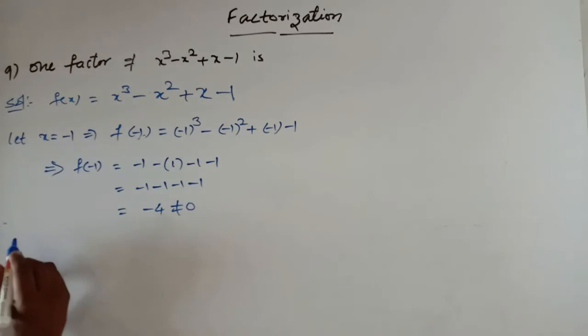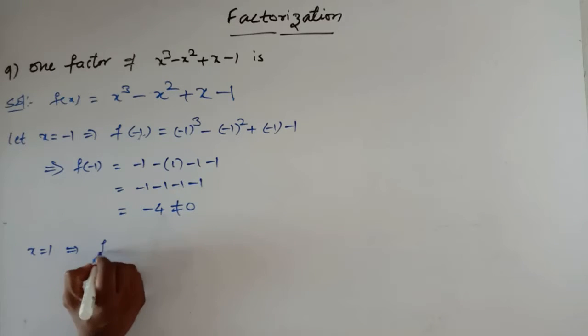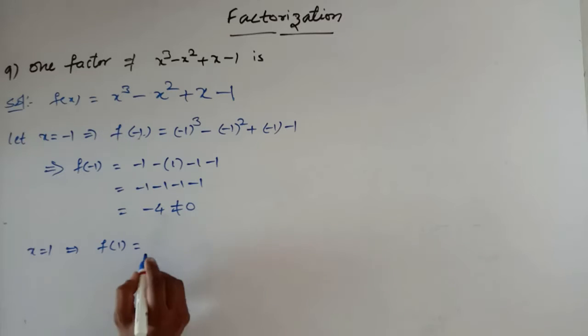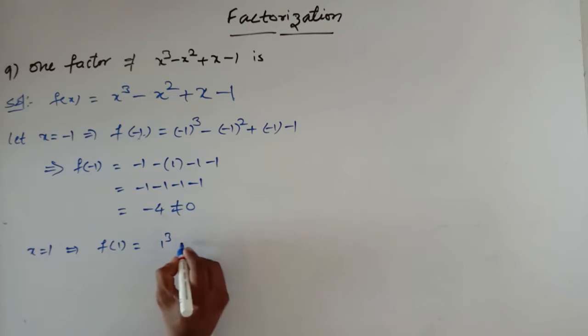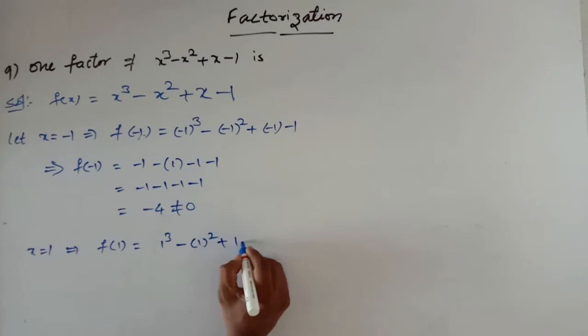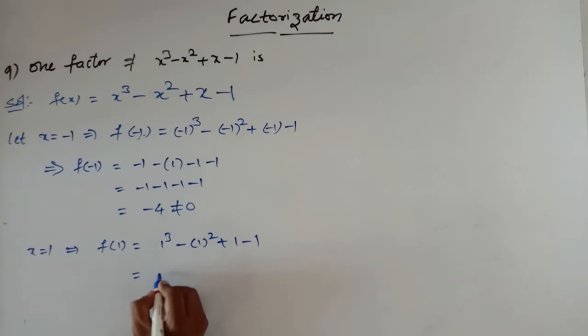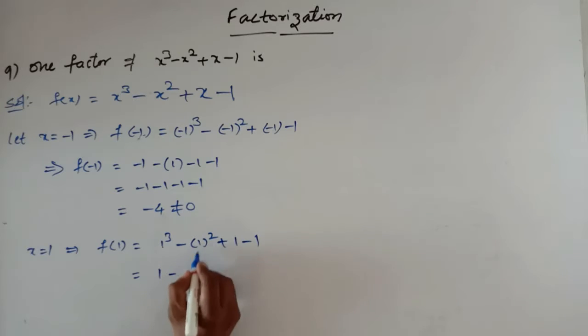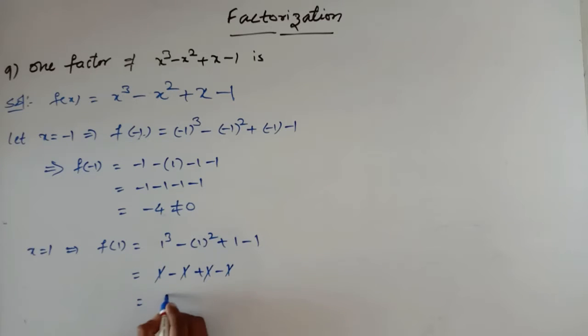Then I am going to take x is equal to 1. Then f of 1 equals 1 cube minus 1 square plus 1 minus 1. 1 cube value is 1, minus 1 square value is 1, plus 1 minus 1. So that value is equal to 0.